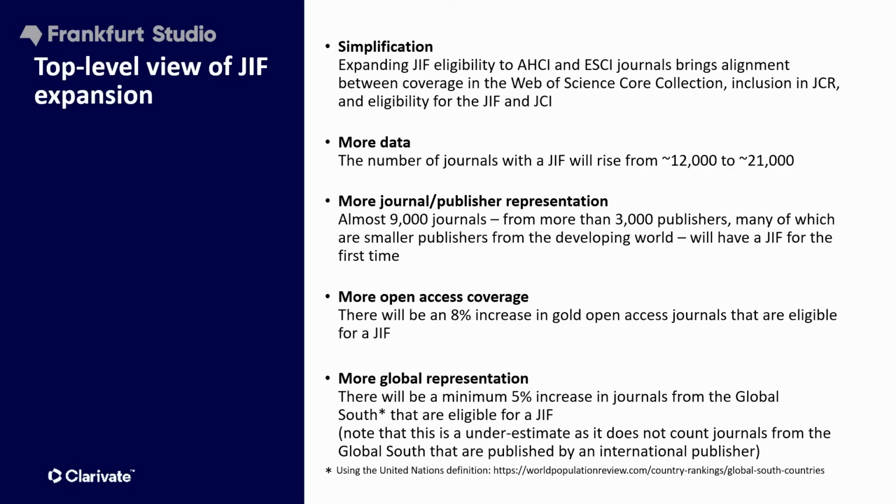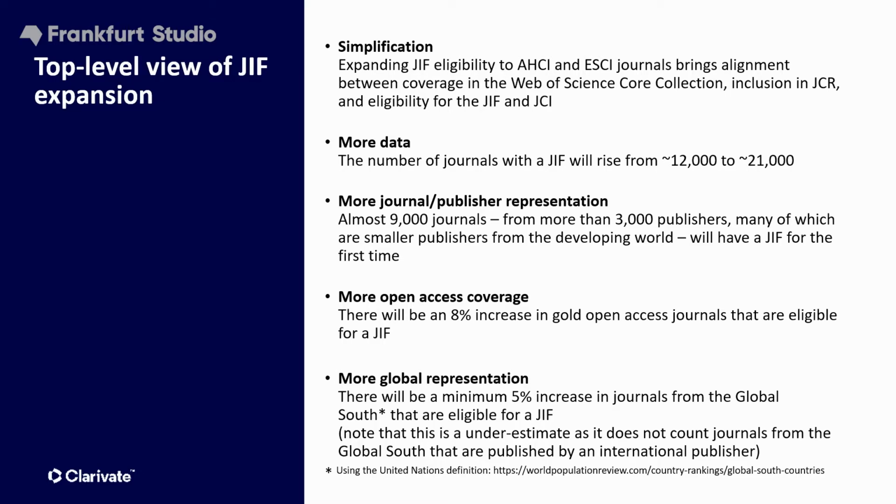There'll be much greater journal and publisher representation. So again, around 9,000 more journals will get a GIF for the first time. And of these 9,000 journals, around 3,000 will come from smaller publishers, many of which are in the developing world. We'll have more open access coverage.